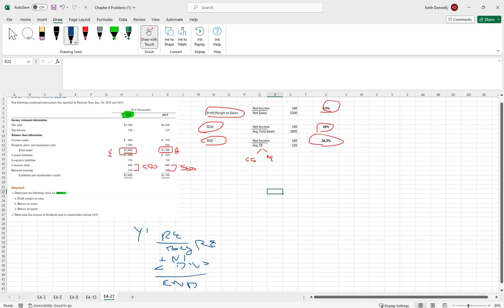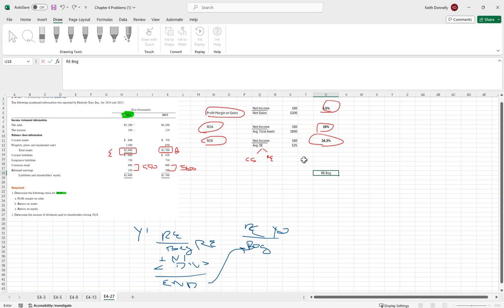Last year's ending becomes next year's beginning, so it's always like last year's ending is this year's beginning. Let's think of this using that information.